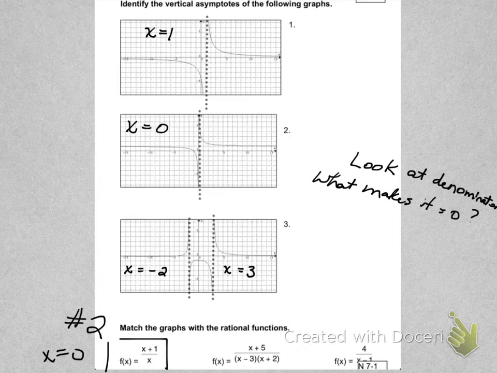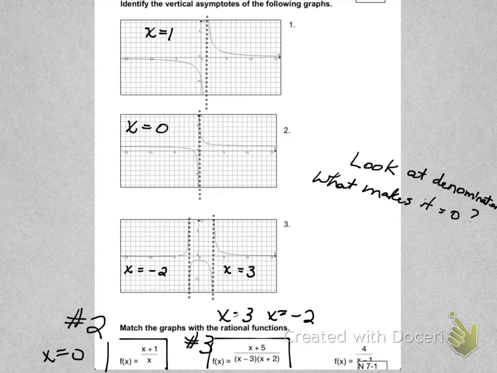Looking at this one, since there are two factors, if x is equal to 3 or x equals -2, then this denominator is going to be equal to 0. And so that would match with graph number 3.